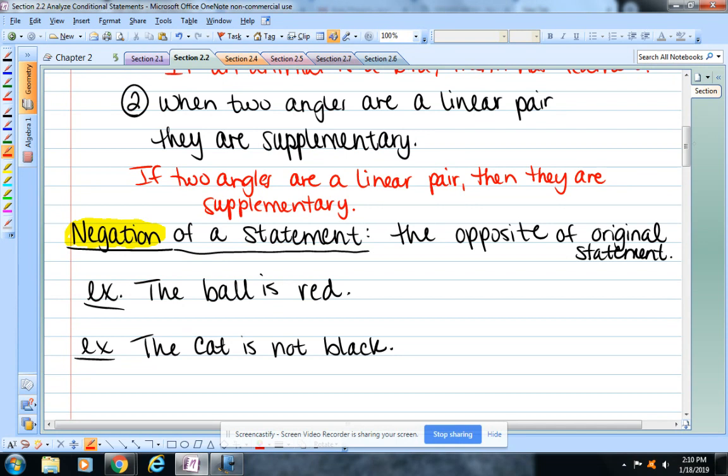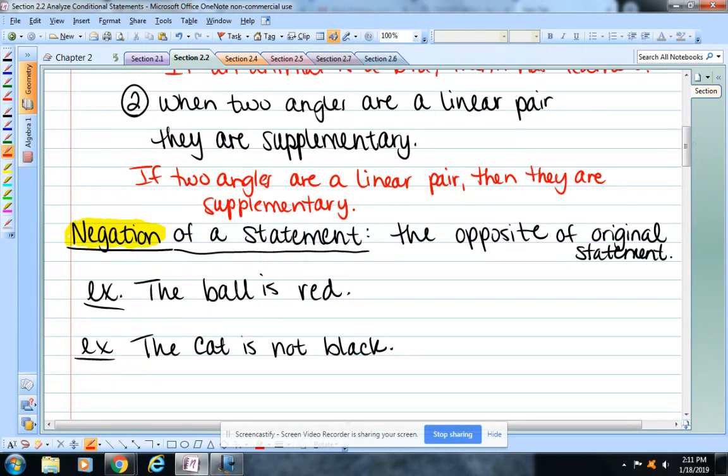A negation just means the opposite. If I say a ball is red, what's the opposite of saying the ball is red? A counter example would be the ball is blue or purple or green. It doesn't matter what color the ball is. The negation would be any color besides red. So the negation is not the ball is purple. The negation would be the ball is not red.